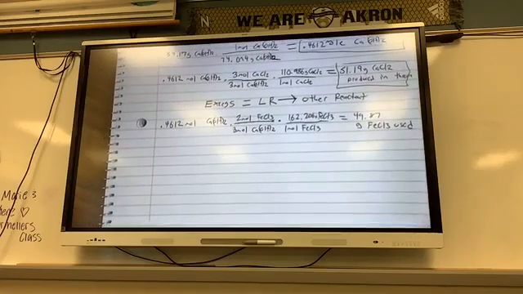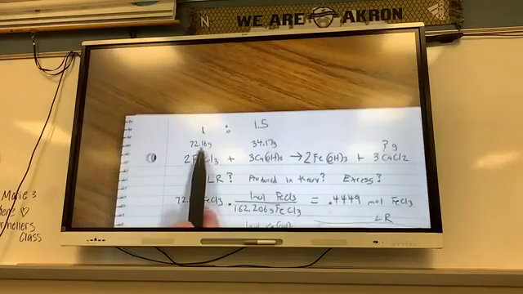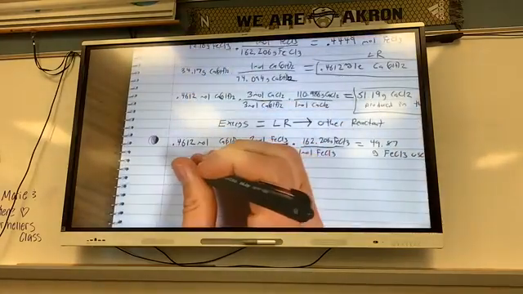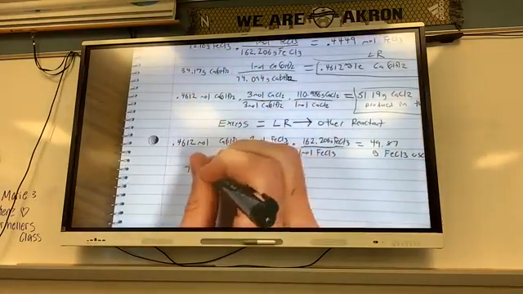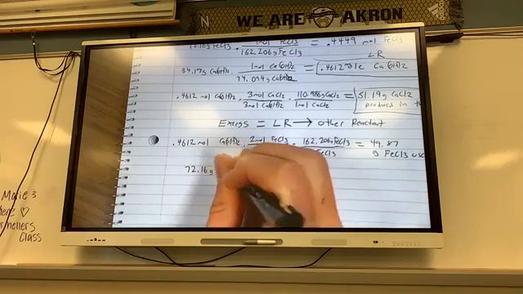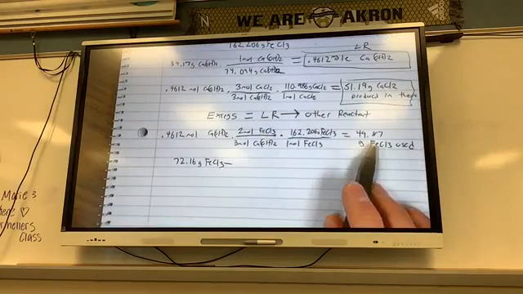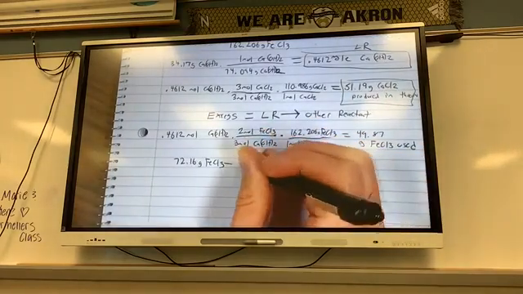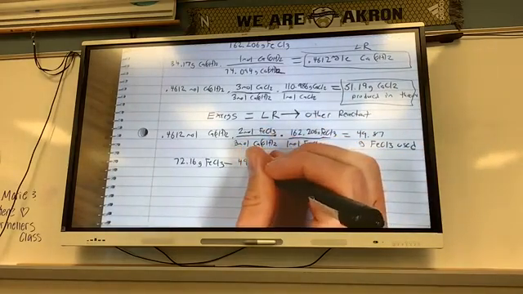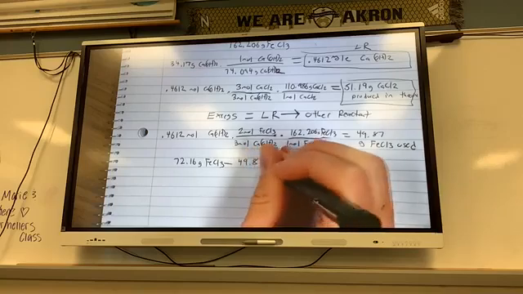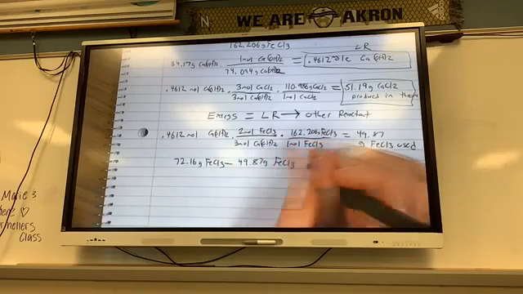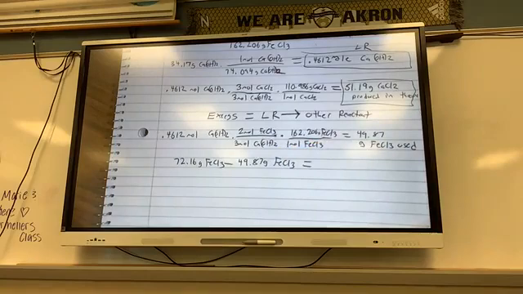So I'm going to subtract my 72.16 grams of FeCl3, my 12 truck bodies, minus how much I actually used. So I only used 3 truck bodies, so 49.87 grams of FeCl3, and that will give me my excess.